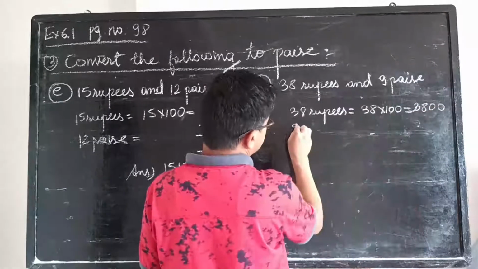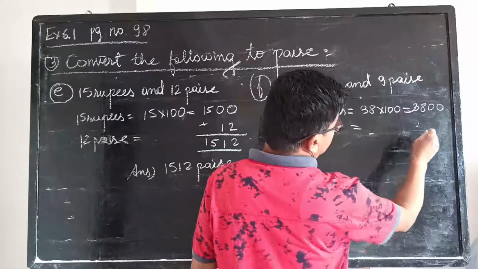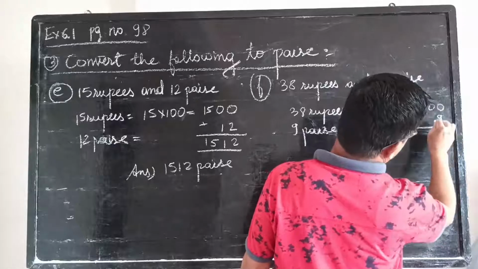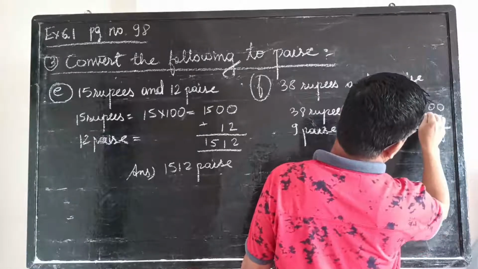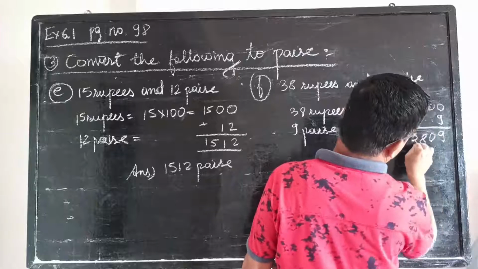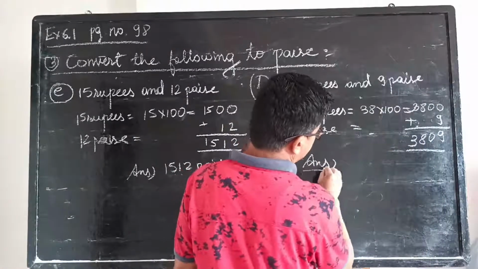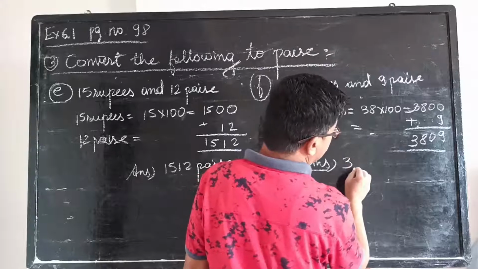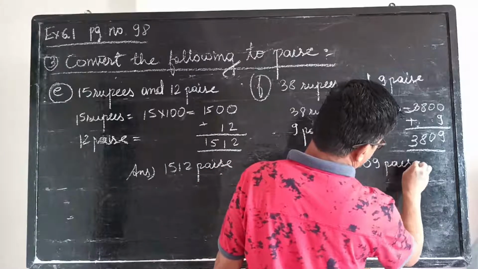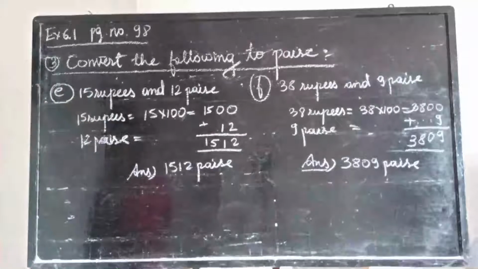Then 9 paise is equal to 9 over here. 9 plus 0, 9, nothing here, 0, 3, 8 plus nothing, 8, and 3 plus nothing, 3. So the answer is 3809 paise. This way you convert the following into paise.